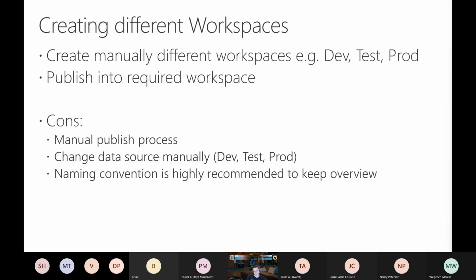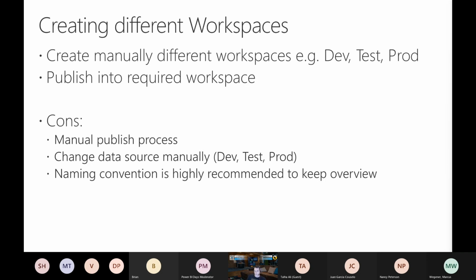Then moving on, what can be done as well is you can have different workspaces to achieve the dev, test, prod approach. You can do so manually, meaning that instead of having just PBI Guy, like in my case, I can have PBI Guy Dev, PBI Guy Test, PBI Guy Prod, and then publish my different reports into the different workspaces depending on which stage it is, and therefore really have this environment with dev, test, and prod.